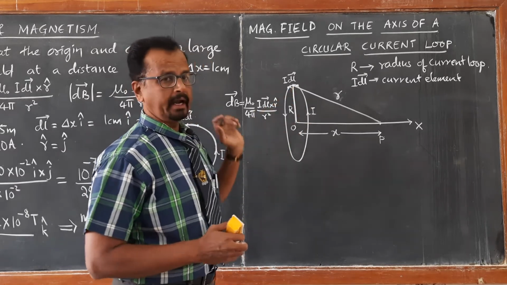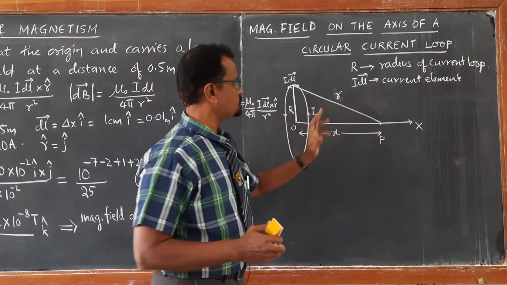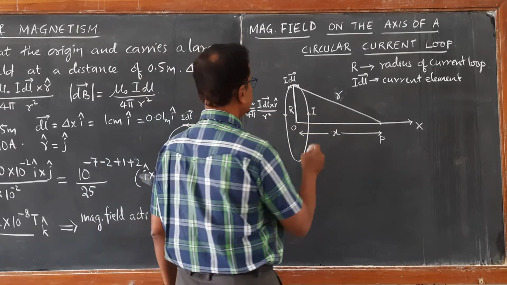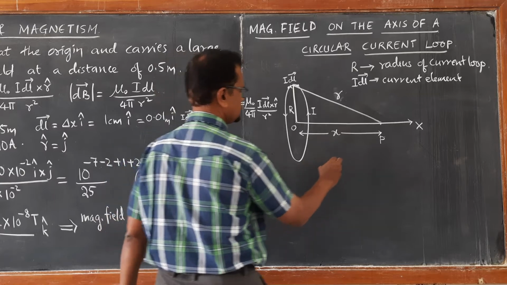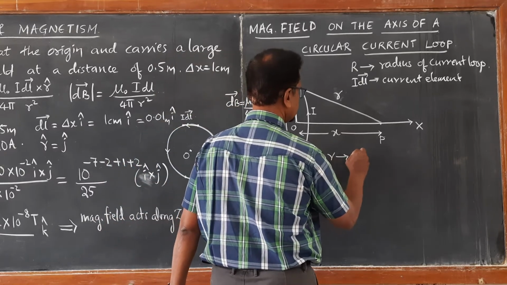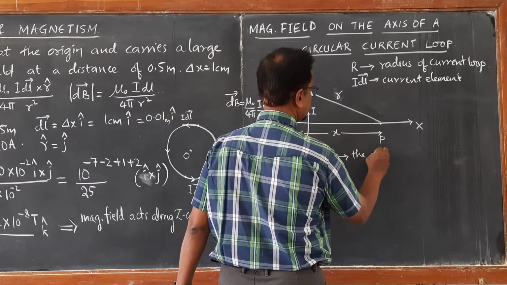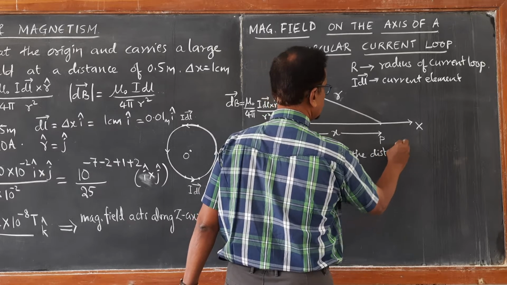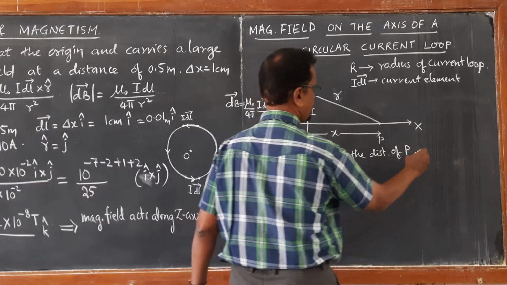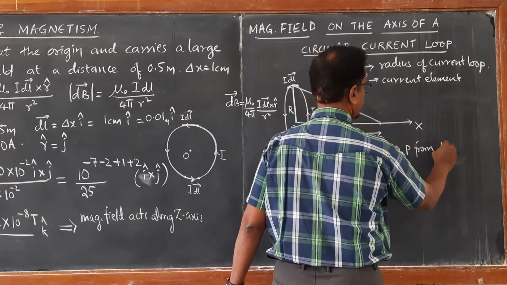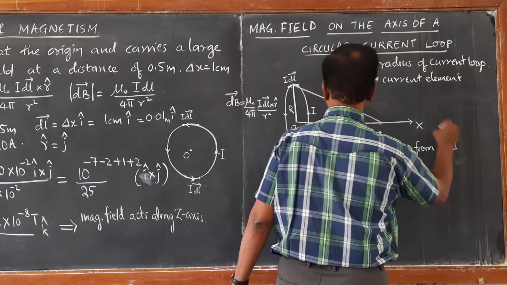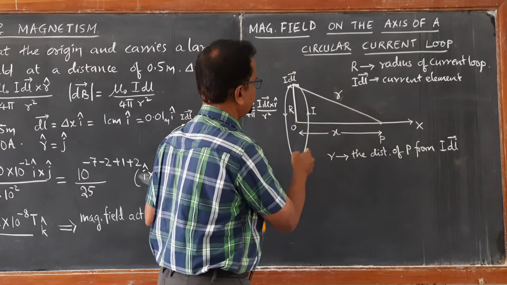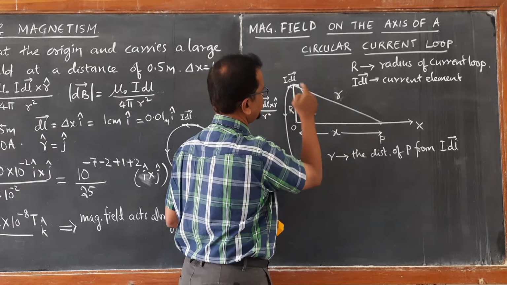With respect to the current element, small r is the distance of P from Idl. So Idl cross r means it is along this particular point, right?